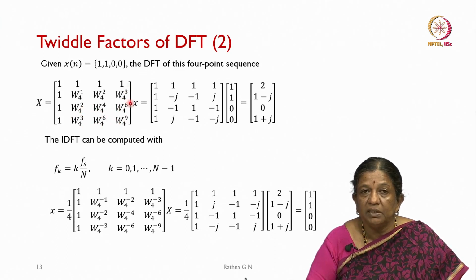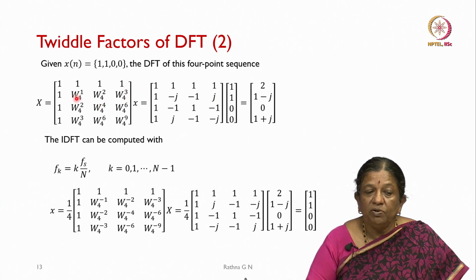When you expand them in terms of e power, you will see that W41 is nothing but minus j, W42 is minus 1, and W43 is minus of W41, which is plus j.